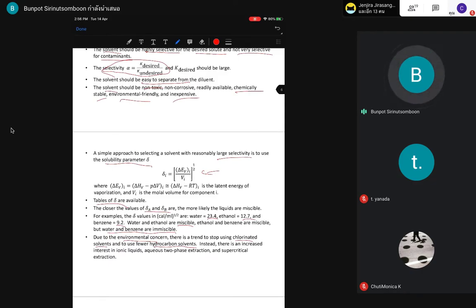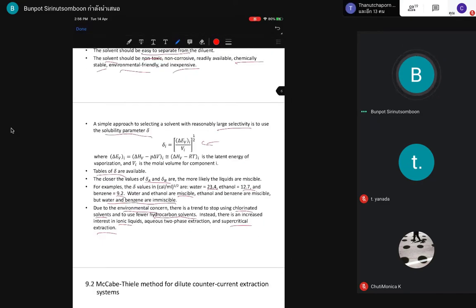So there are other new types of solvents that people consider, new-generation liquid extraction like ionic liquids or supercritical extraction. These are new solvents to consider, better than traditional solvents that are not environmentally friendly. So these are a better choice for the environment.